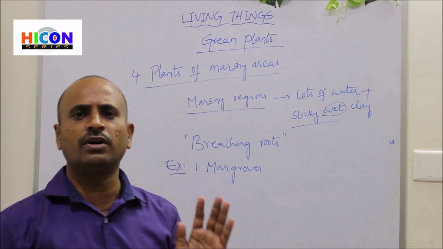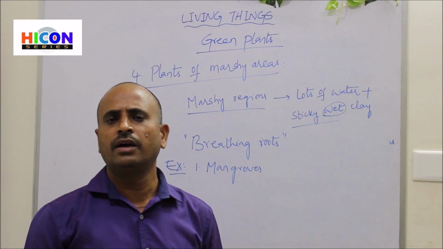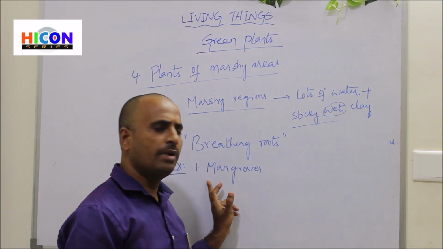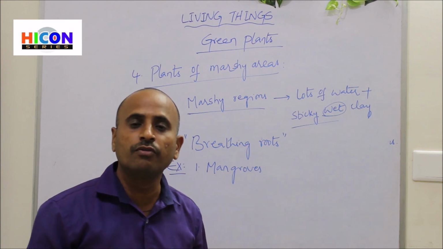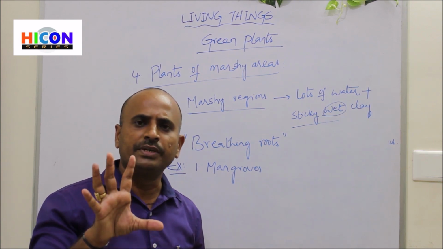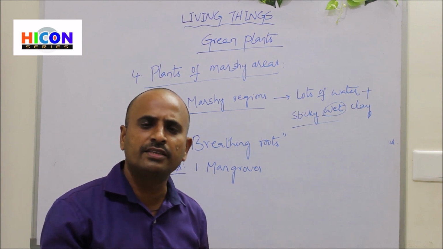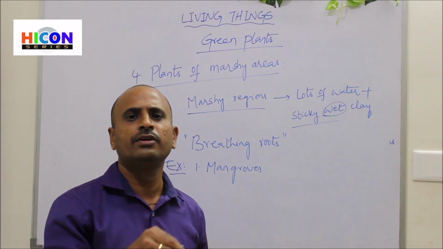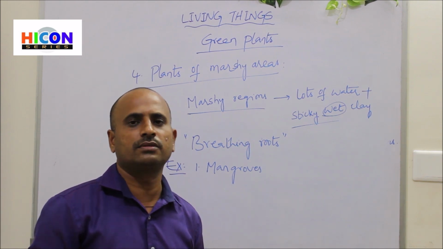In the picture you are observing mangrove plants, which you will see in a mangrove forest. If you observe the bottom of the plants, the roots come outside for breathing. That's why those roots are called breathing roots.